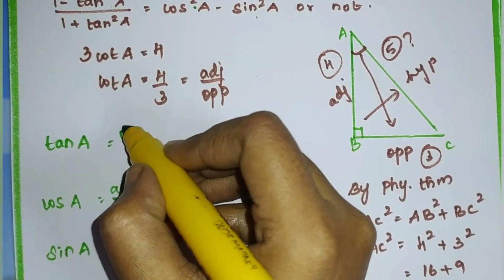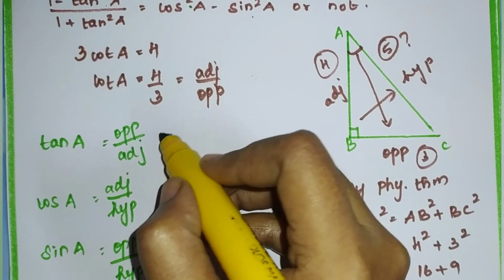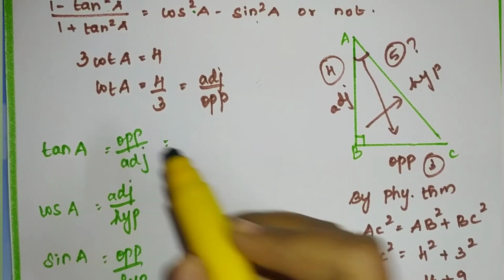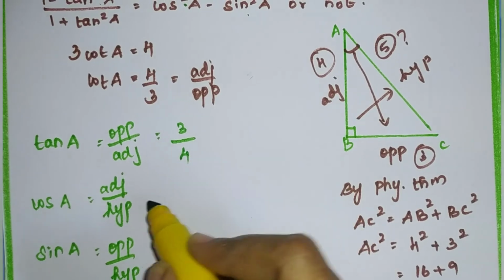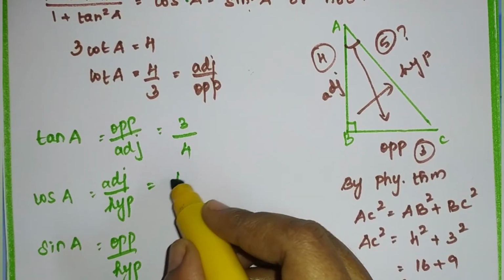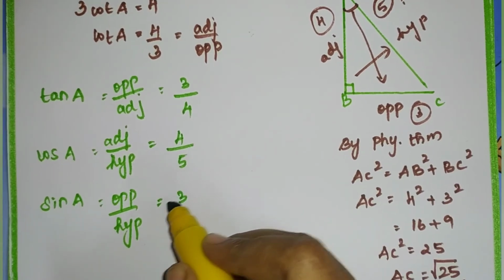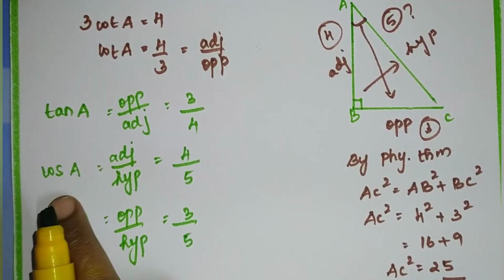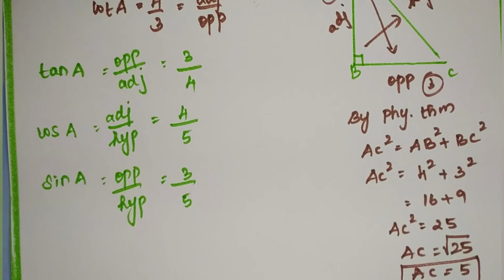And tan A is equal to opposite by adjacent. Opposite is 3, so 3 by 4. Cos is adjacent by 5, 4 by 5, and then opposite 3 by 5. So tan A value is 3 by 4, cos A value is 4 by 5 and sin A value is 3 by 5. Okay.